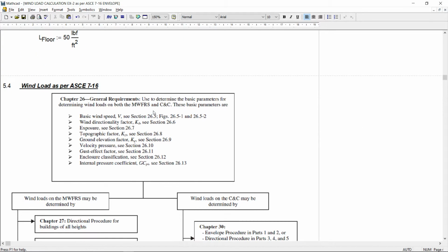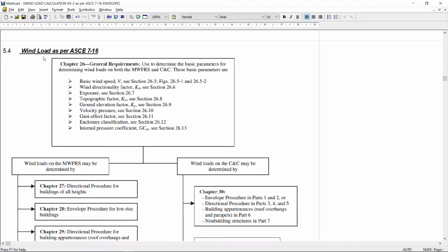So here is the workflow. This flow chart shows how to calculate the wind pressure. The wind load as per ASCE 7-16 starts with chapter 26, and all the parameters and their reference points are given over here. So this is a very nice workflow which gives you very detailed information for all the steps needed.